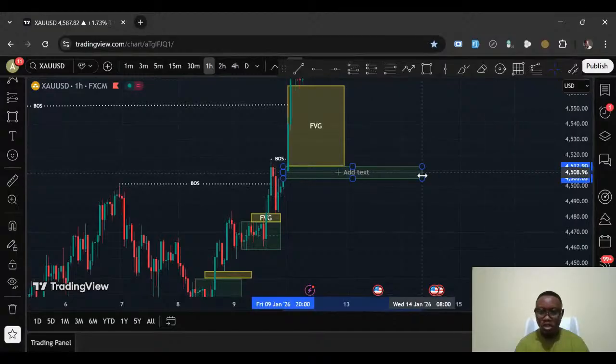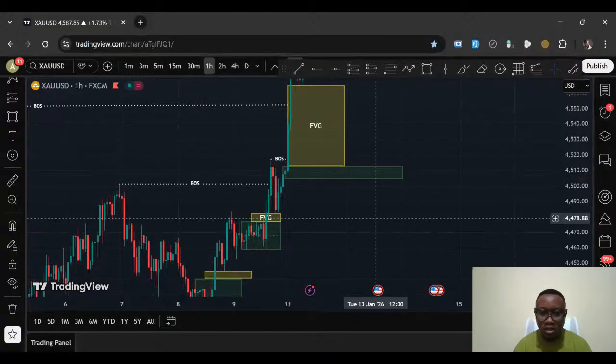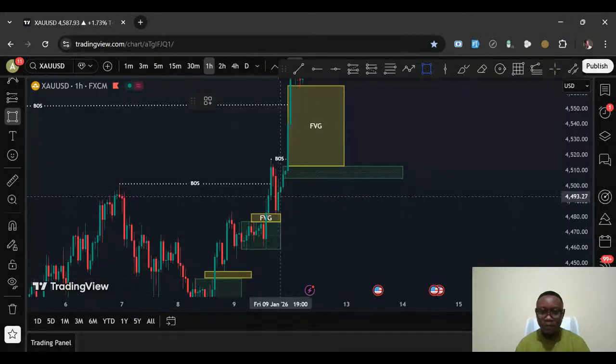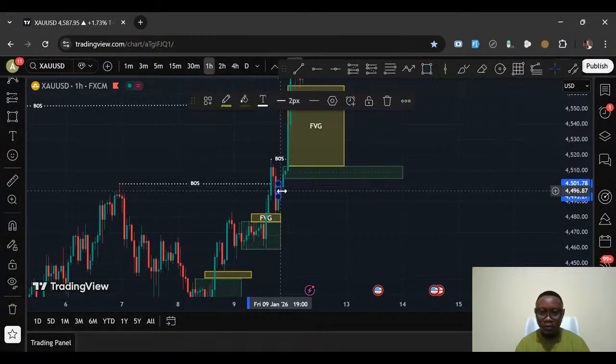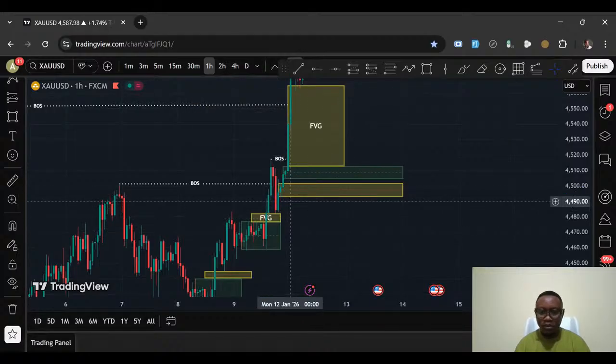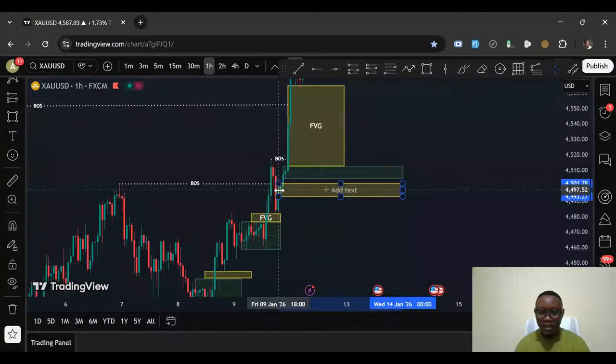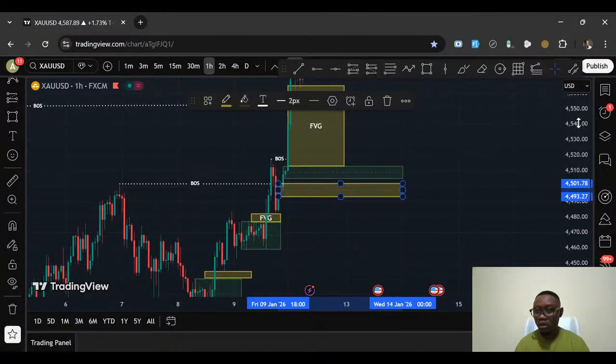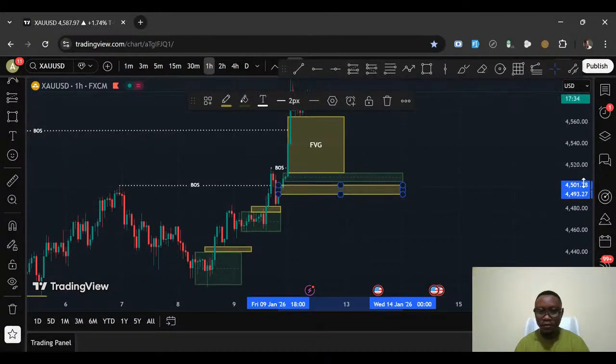It aligns with the 2H time frame, so we are good with that. I can see another order block zone here. Marking out the zone is really easy. I think I've briefed on that, but if needed, I can create a separate video on order blocks.